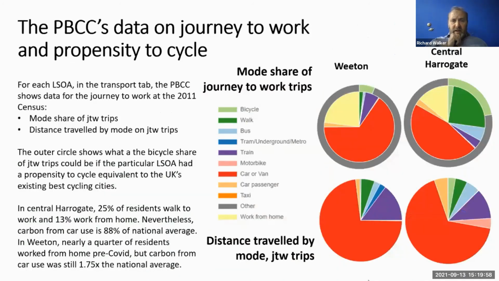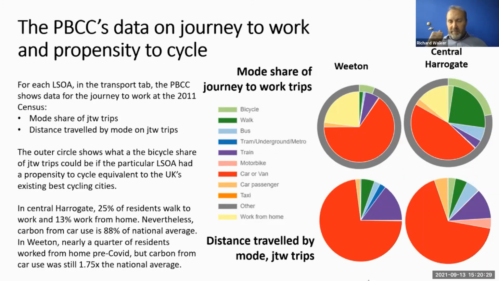The second data set you can bring up using the tool is data from the census on journey to work and on the potential propensity to cycle. If we look at, for example, a contrast of Weeton and central Harrogate, we can see that the mode share of trips is in the top two circles, and the distance travelled by mode is in the bottom two circles.